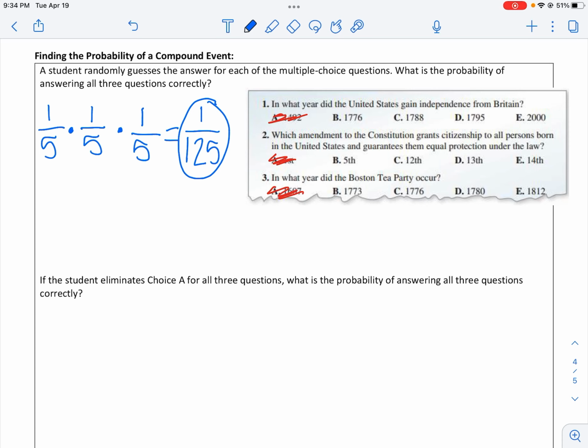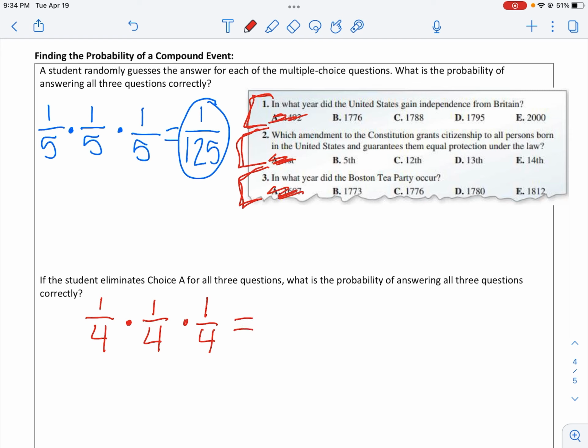So the probability of answering the first question now is 1 over 4, because there's 4 possible answers, but there's only 1 correct answer. My probability of answering the second question is 1 over 4. My probability of answering the third question correctly is 1 over 4.